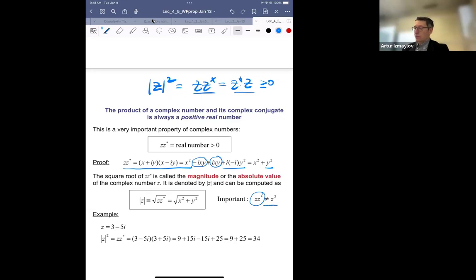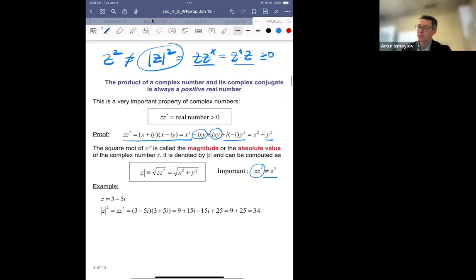Also keep in mind that z times z star, or absolute z squared, is not z squared in principle. So don't confuse those two operations. For complex numbers, they are different. Here's an example. How do we do the absolute square for 3 minus 5i? That's how we do it, and we get 34 in this case.